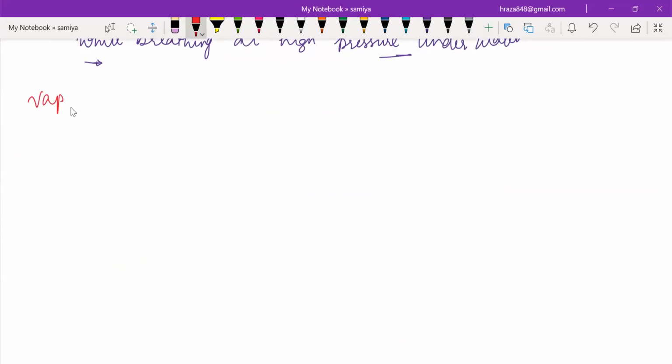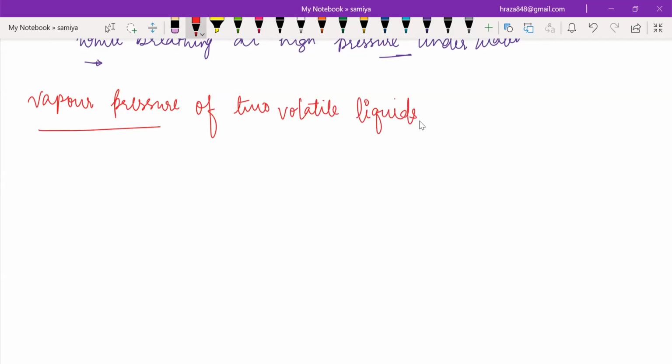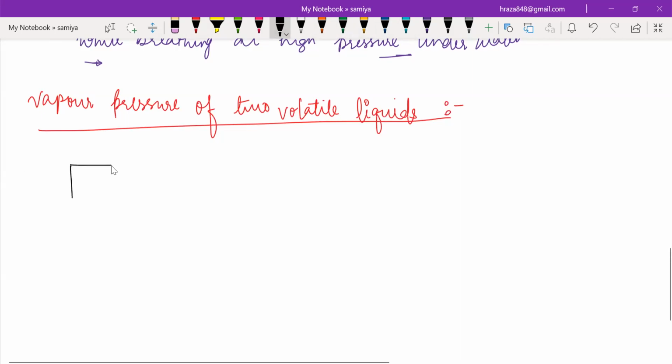Now, see, vapor pressure of two volatile liquids. So basically, we have two containers in which A is present, which is volatile.